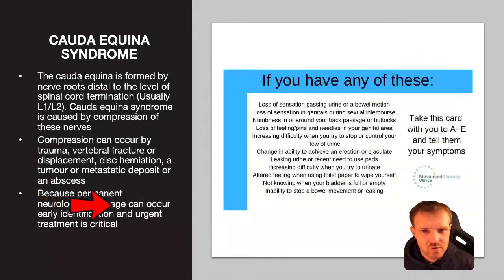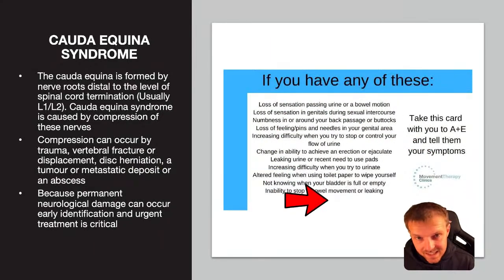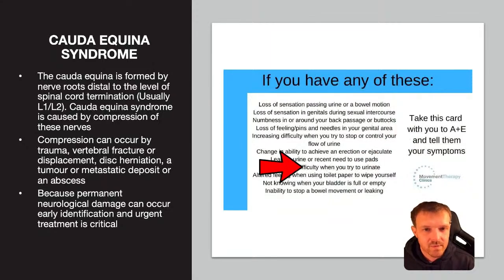Because permanent neurological damage can occur, early identification and urgent treatment is really critical. So what we put together in my clinic is this. We do what's called a safety net, and we safety net people. If somebody doesn't have all of these symptoms, but you think they might be likely to develop them, you can give them this card as a warning and say, look, if you get any of these symptoms, take this card with you to A&E and tell them about your symptoms, because you need to be checked quickly.